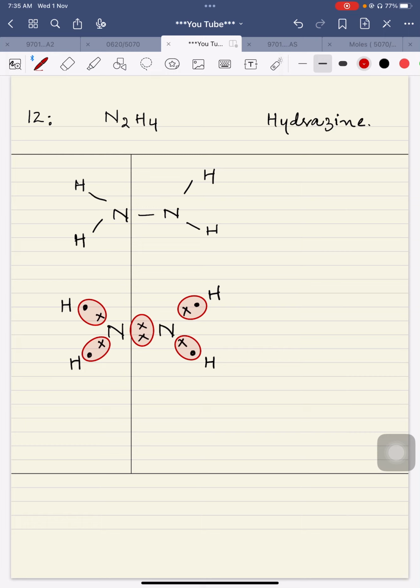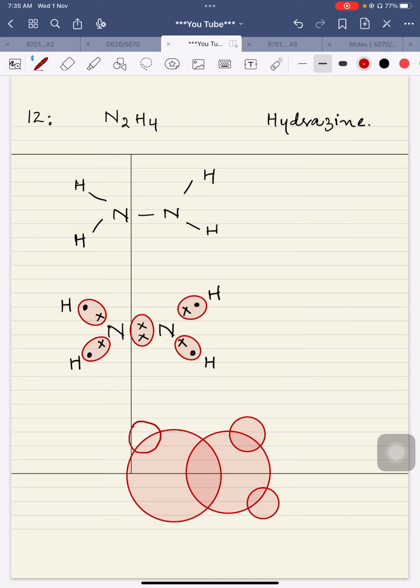All right. So we can say that overall, there are five sharing regions, and now we can draw the diagram, which are overlapping diagrams. All right, so these are the two nitrogen atoms and these are the two hydrogens on their specific separate sides. Okay, so these I am going to draw.